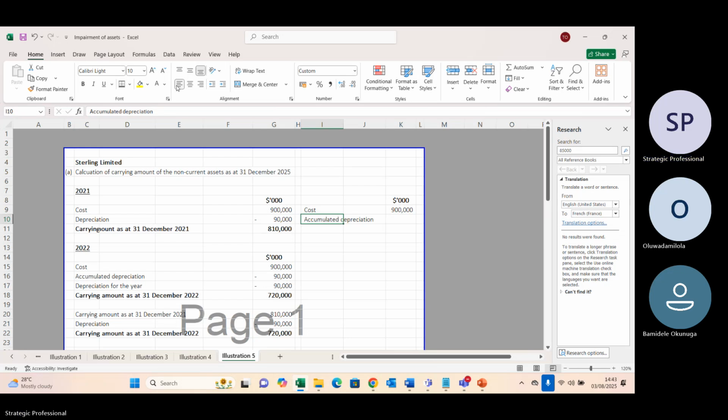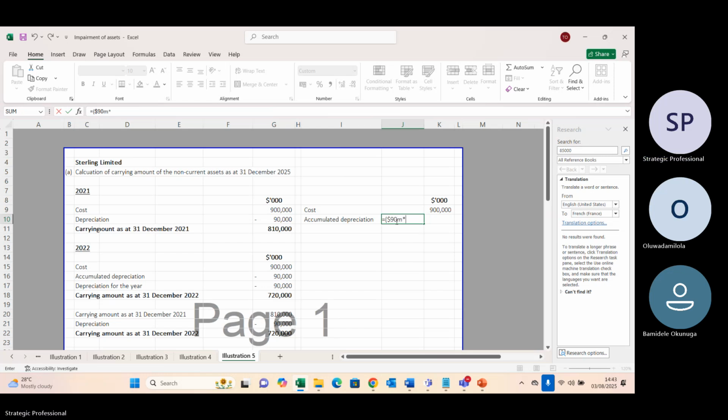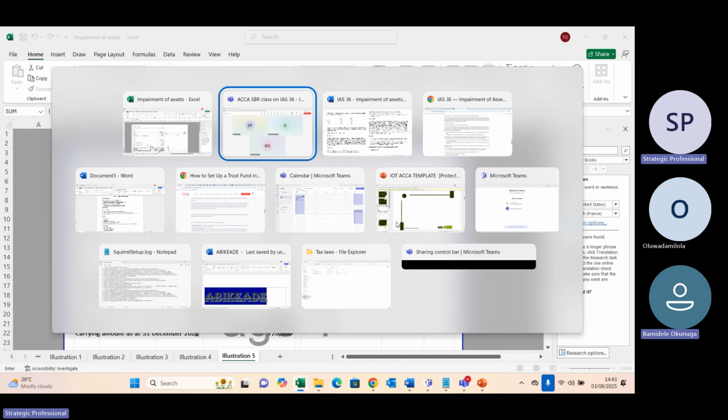Now, based on this old method, we already know how to calculate our depreciation. You will notice that our depreciation for every year is 90,000. Yes, that's true. Now, to get the accumulated depreciation, what is our yearly depreciation? Our yearly depreciation is 90,000 times how many years from the day they acquired the assets?